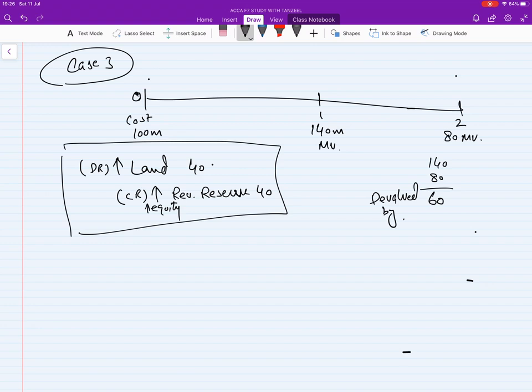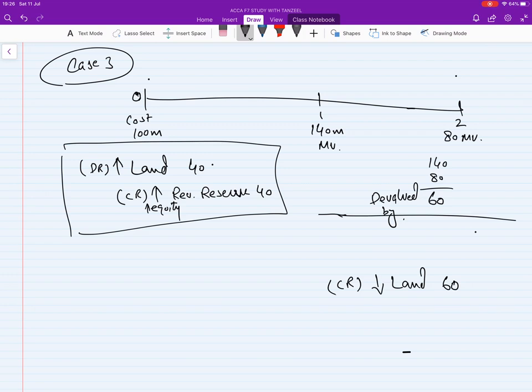So how will the standard say we record this entry? The land was decreasing, so credit the land first, by 60 million. Land decreasing, credit. Debit: the standard says reverse the reserve you have before.